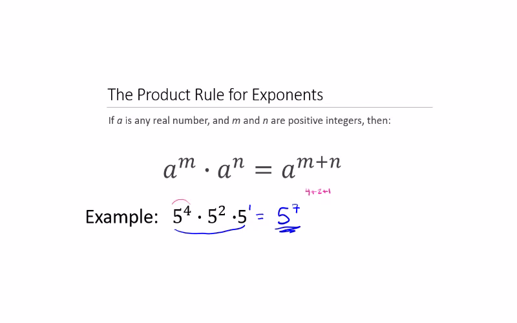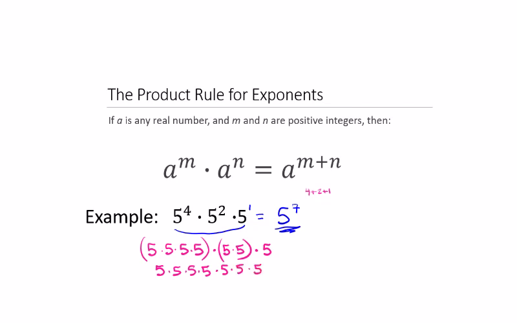So let's see how this works. So what I'm going to do is convert these to expanded form, right? 5 to the 4th is 5 times 5 times 5 times 5, right? So I have that multiplied by 5 squared, 5 times 5, multiplied by 5, or 5 to the first power. And so really essentially what I have is a product of 7 5s, right?